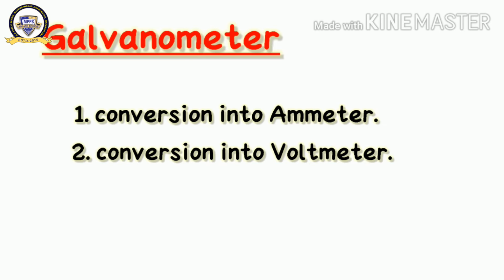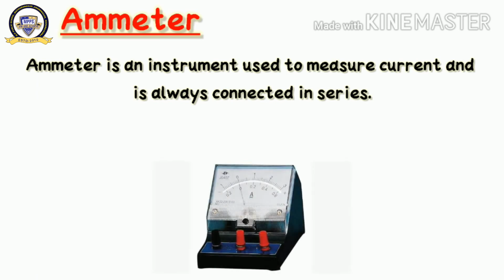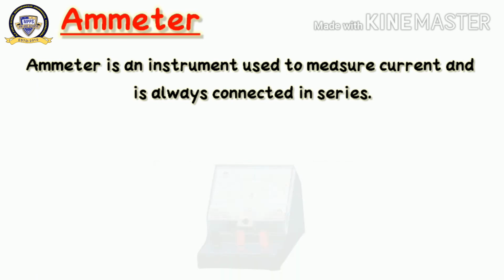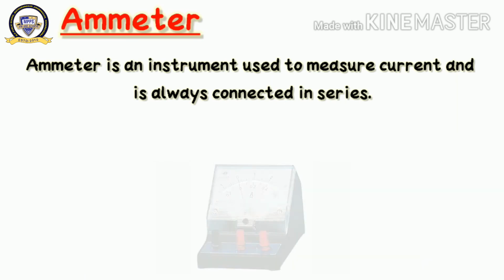Now first of all we will deal with the ammeter. An ammeter is an instrument used to measure current and is always connected in series with the element through which current is to be measured. The smaller the resistance of an ammeter, the more accurate its reading will be, and it will not change the circuit current.